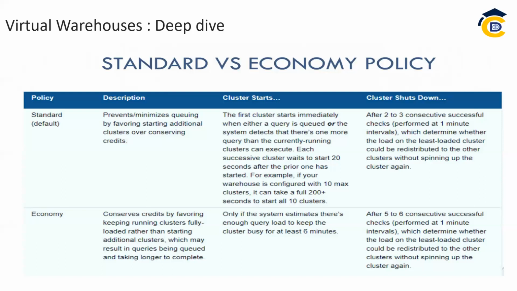If all the clusters in your warehouse are busy, it will not be able to get additional clusters from anywhere because you have kept a lock on how many clusters you want in your warehouse. That time the query will have to wait anyway, even if it's a standard policy. But if there are clusters which are inactive, it will go and immediately start them. So the purpose of standard policy is to give preference to minimizing queuing rather than saving the cost.